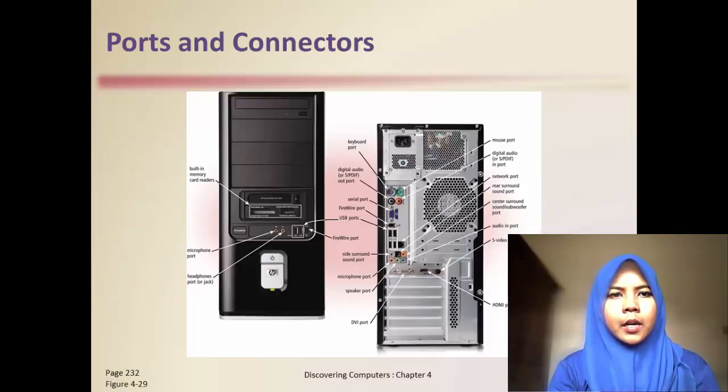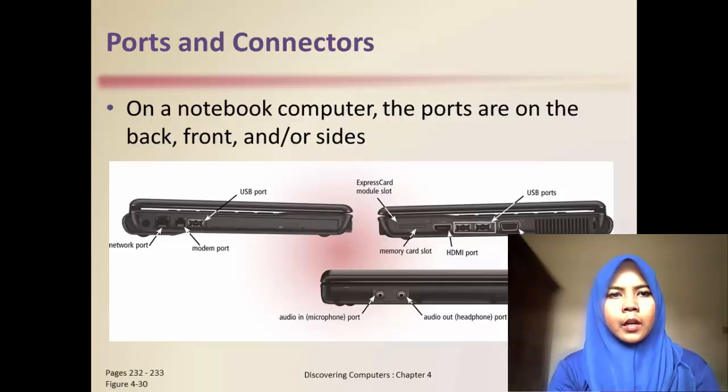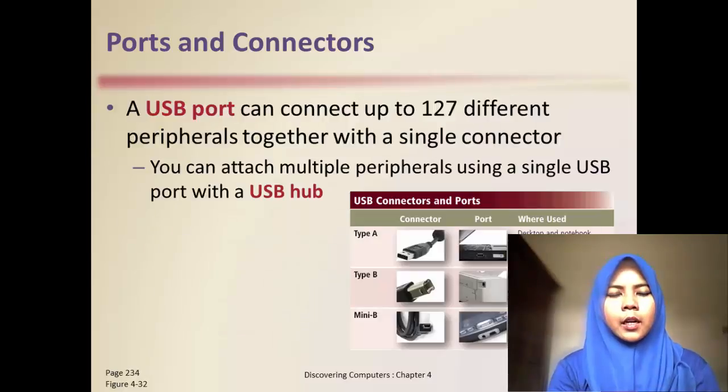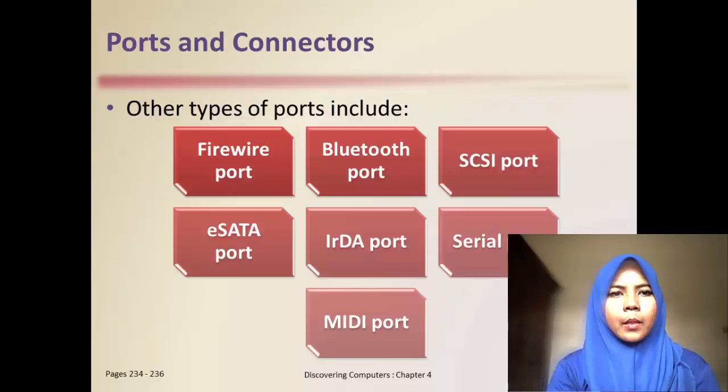This is a picture of ports and connectors, showing the connection between the cable and the port. Ports and connectors on a netbook computer are on the back and/or sides. A USB port can connect up to 127 devices. Other types of ports include FireWire port, Bluetooth port, HDMI port, eSATA port, IrDA port, serial port, and MIDI port.